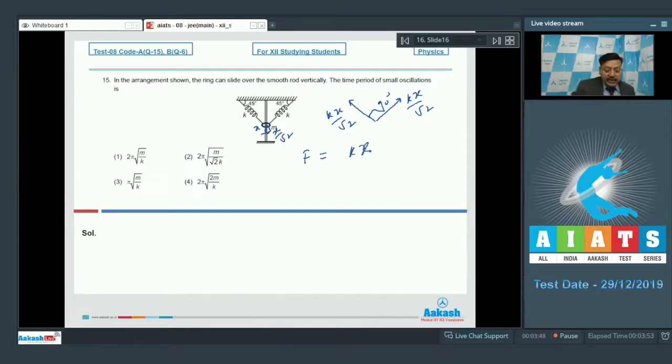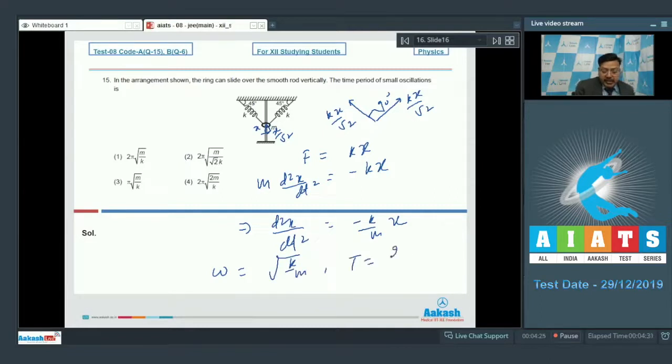And so our equation becomes m d2x by dt square, mass into acceleration of the ring, is minus kx, minus sign coming because the direction of the restoring force is opposite to the direction of x, and this gives us d2x by dt square is equal to minus k by m x, which means the angular frequency omega is under root k by m and the time period T is 2 pi by omega or 2 pi root m by k.